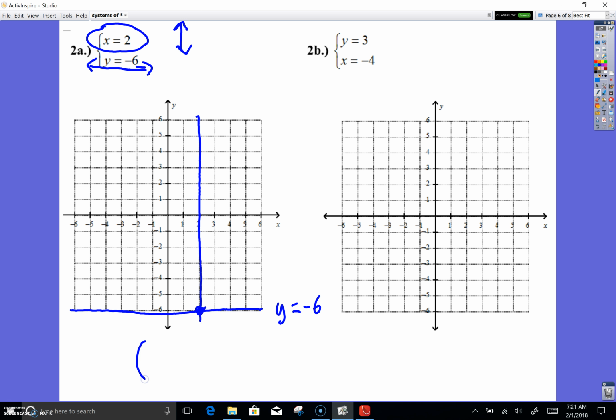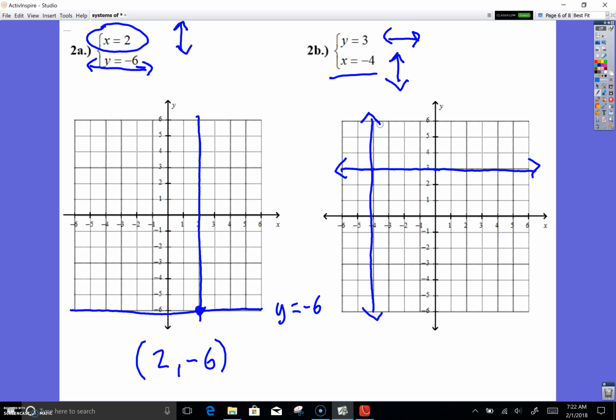So my intersection is 2, negative 6. Same thing here. Y equals 3 is your horizontal line at 3, and then x equals negative 4 is your vertical line. So my intersection is negative 4, 3.